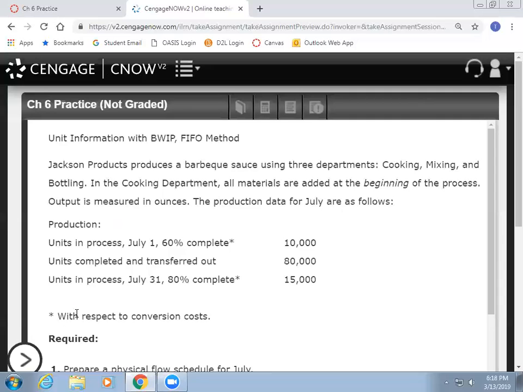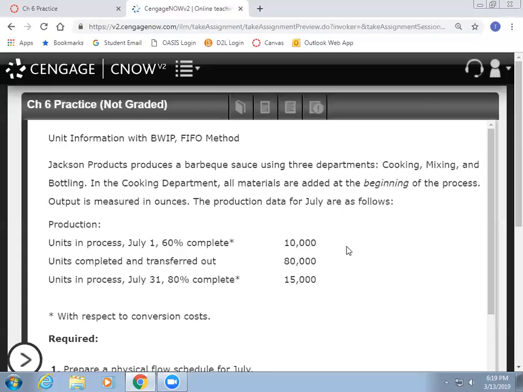It tells us in production, units in process at the beginning of the month, we had 10,000 units that were 60% complete in regards to conversion, so labor and overhead. We completed and transferred out 80,000 units. And ending inventory, we had 15,000 and they were 80% complete in regards to conversion.